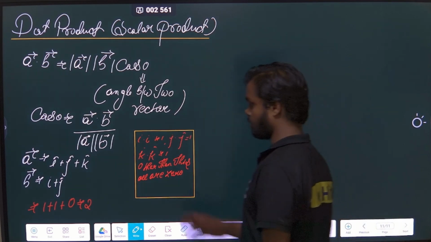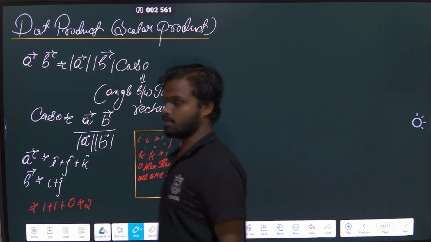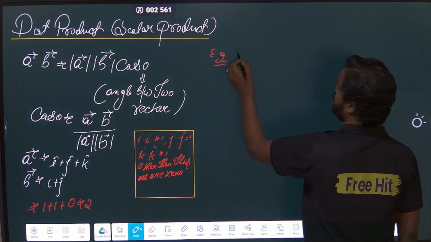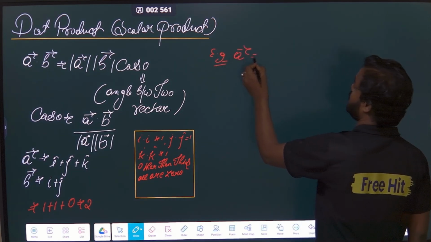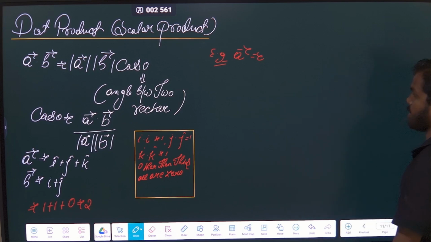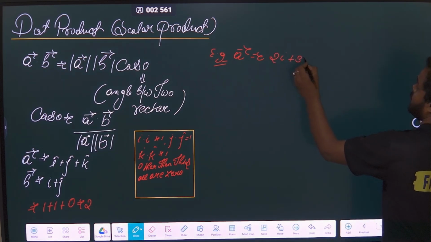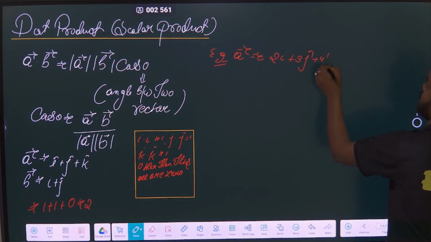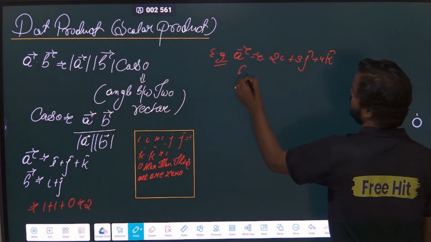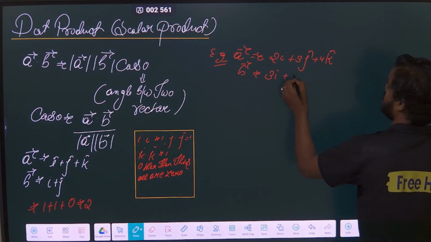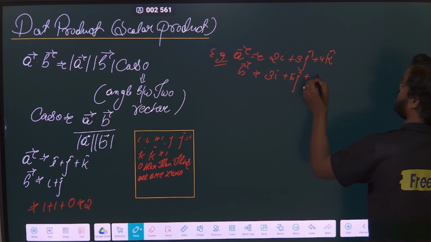So we have calculated A dot B. Just take one more example so that you will be comfortable. Suppose my A vector is 2i cap plus 3j cap plus 4k cap, and my B vector is 3i cap plus 5j cap plus 6k cap.